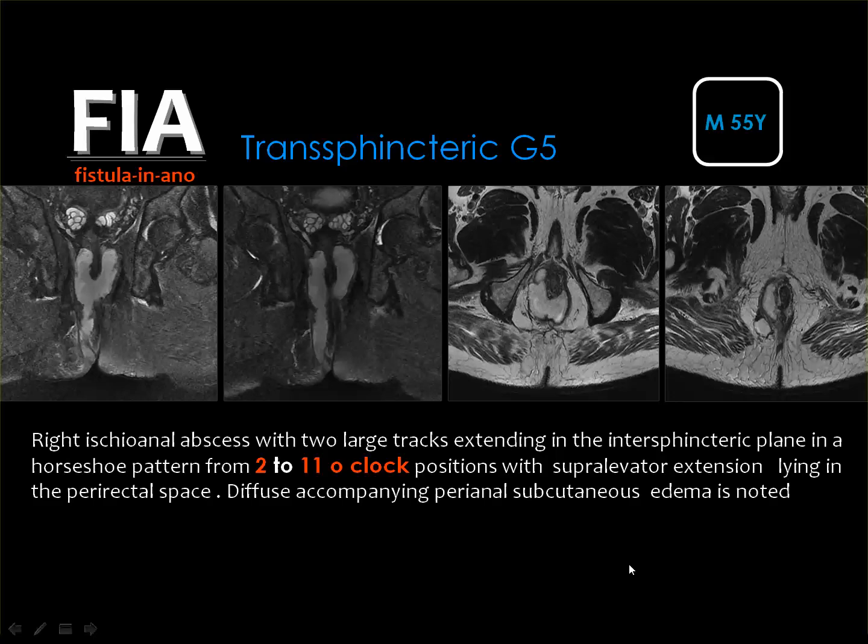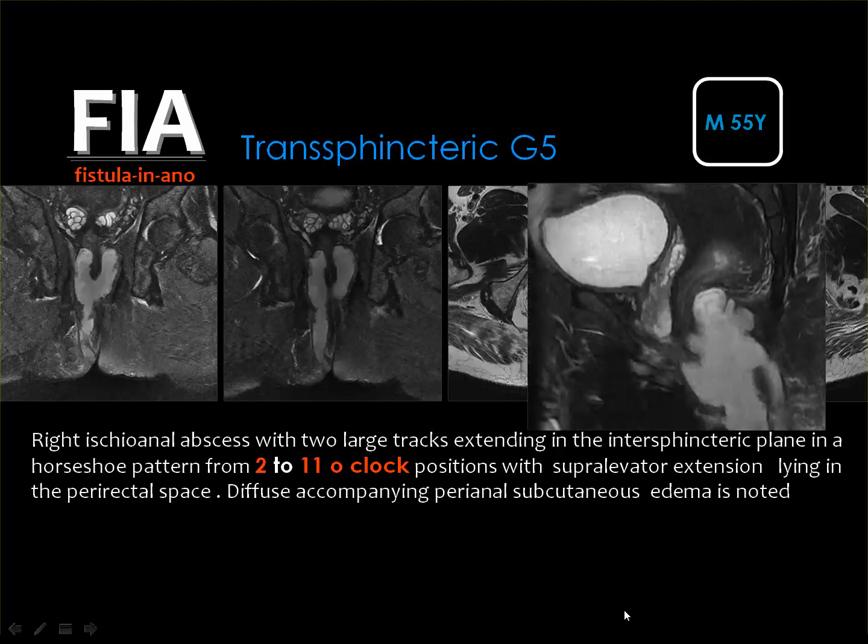Another example of a transsphincteric fistula, and you got two openings of the fistula tract, one at 2 o'clock and the other one at 11 o'clock. And this fistula arches along the posterior aspect of the anal canal with extension in the ischial fossa to the external opening.